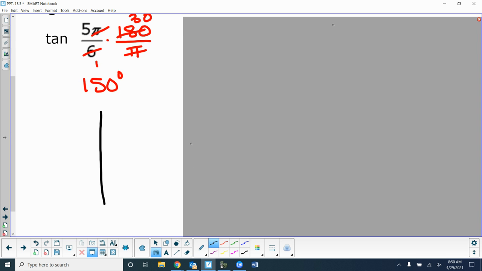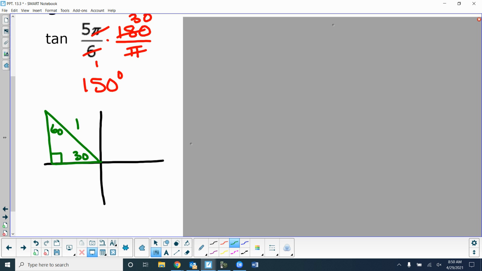All right. So 150 is over here, in the second. What's the reference angle? 30. Remember, 180 minus 150. Opposite the, well, that's a 1, right? So what's the relationship between the hypotenuse and the short leg?